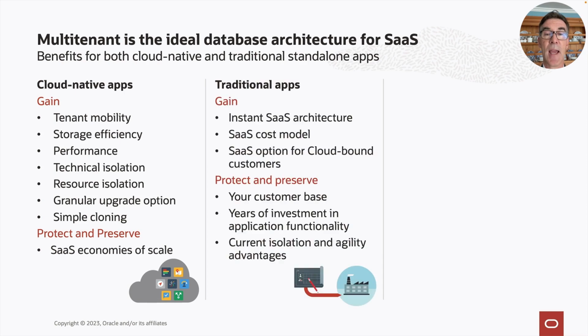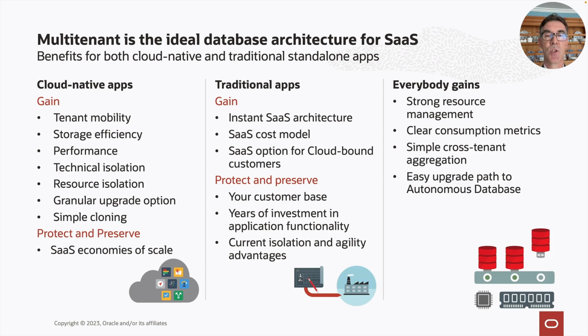Traditional apps have access to an instant SaaS architecture with a SaaS cost model. Importantly, they gain this without sacrificing their customer base, years of investment in application functionality, and their traditional advantages of isolation and agility.